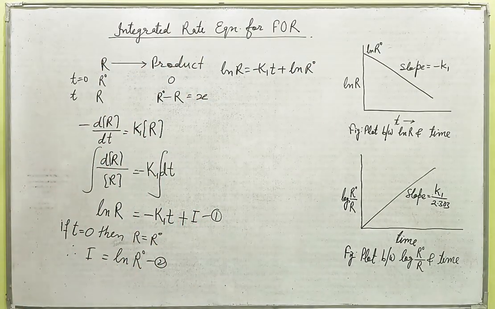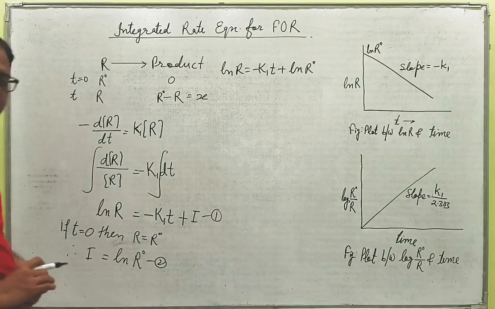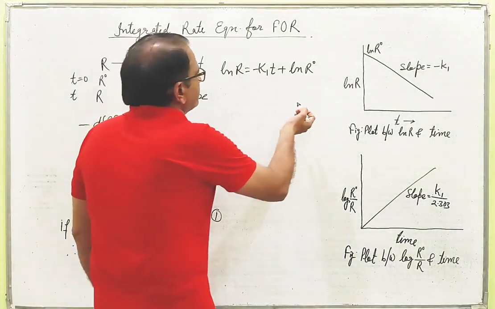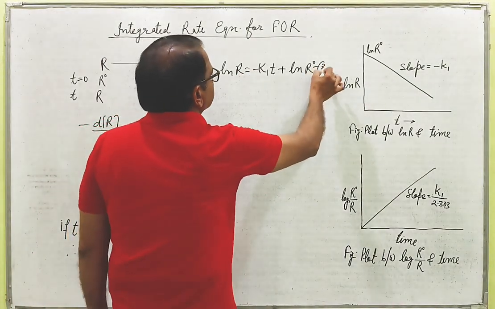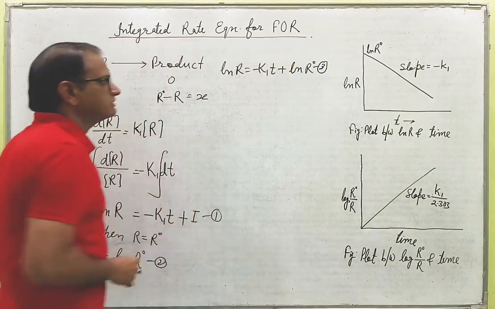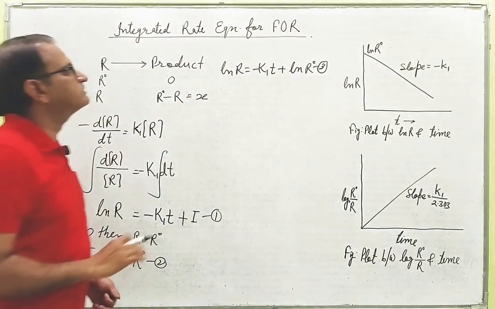So this is again like a straight line equation. Suppose this is equation number 3. We will take it later.